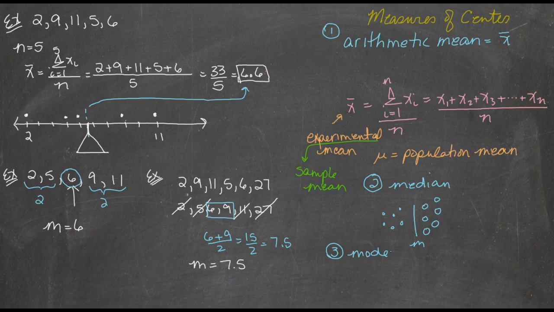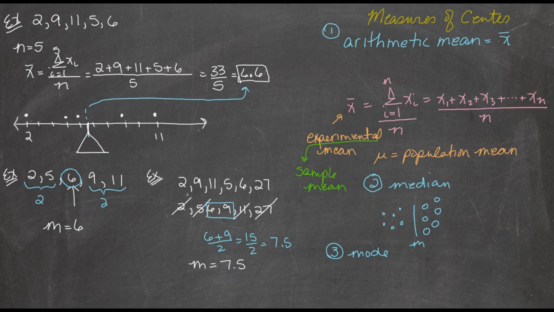And the last measurement for center that we'll look at today is called the mode. And the mode really just is what shows up the most. What value do you see more often than every other value in your set? So if we look at our original set here, there is no mode because every value shows up exactly one time.